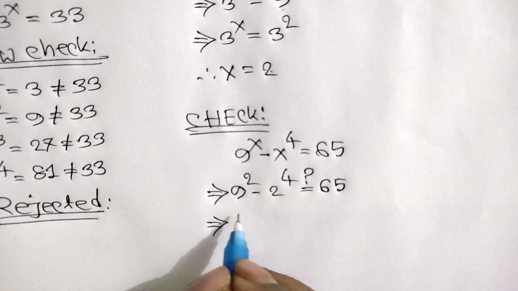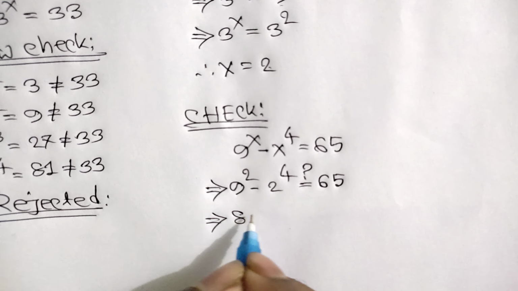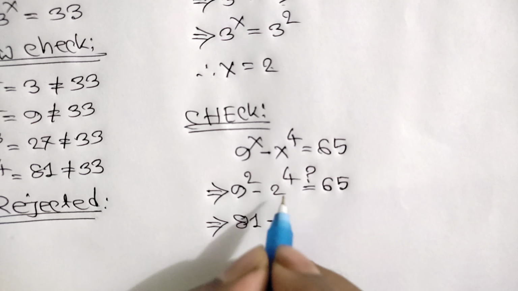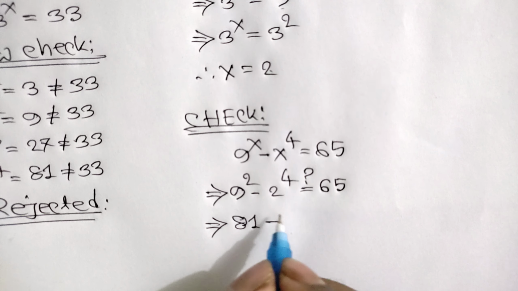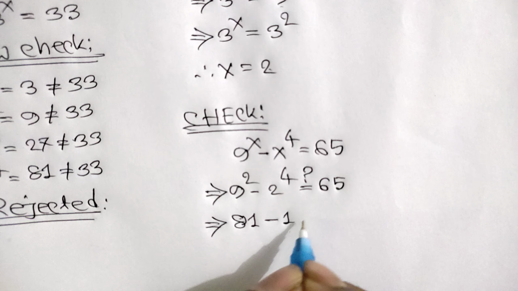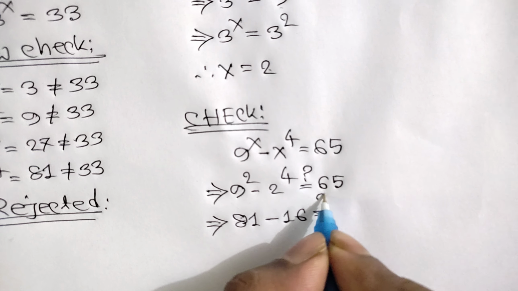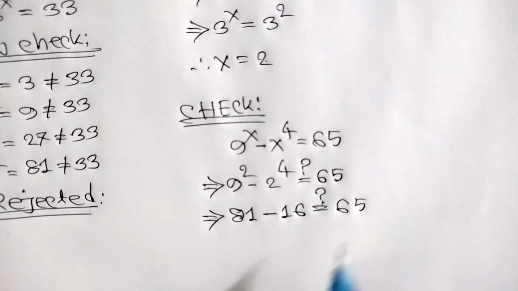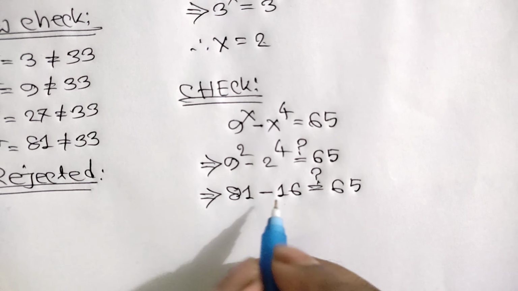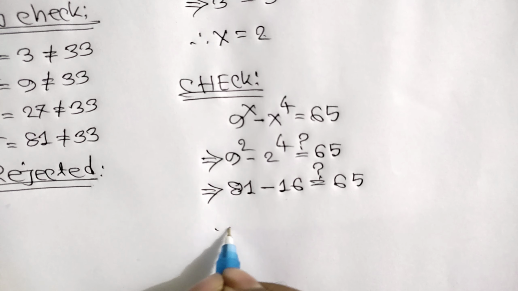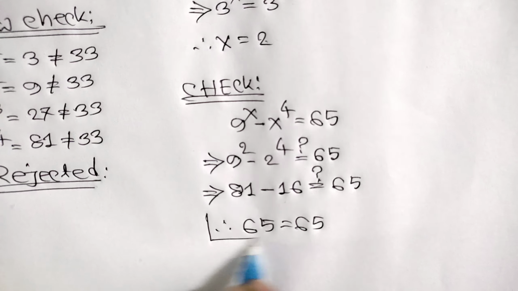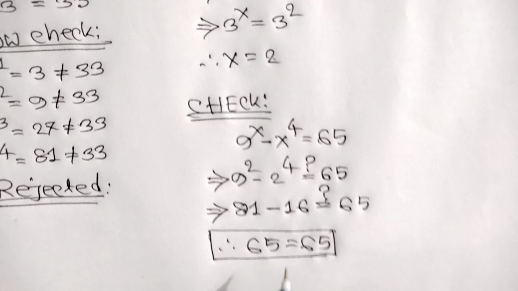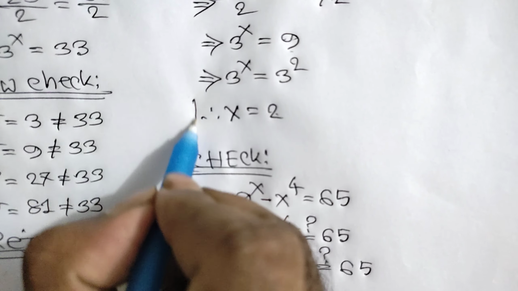We know 9 squared, that means 9 times 9, is 81, minus 4 squared, that means 16, is it equal to 65? Now we know that 81 minus 16 is 65, so we can write 65 is equal to 65. So the right hand side is equal to the left hand side, so the value of x is equal to 2 is correct.